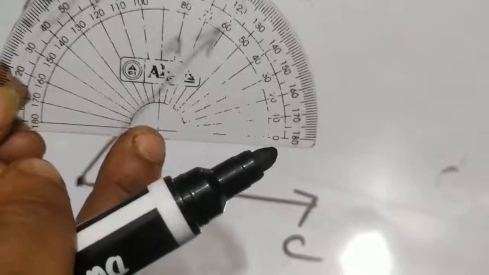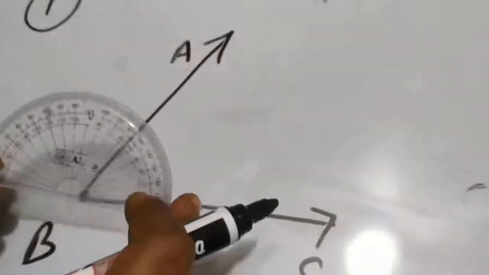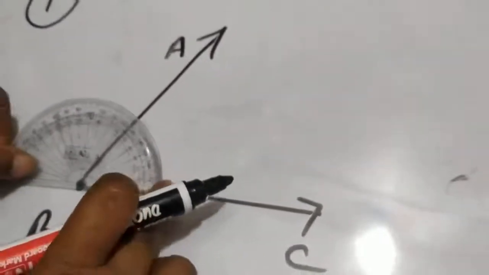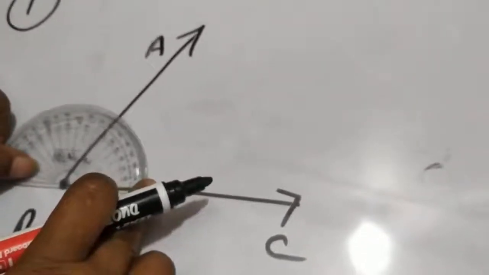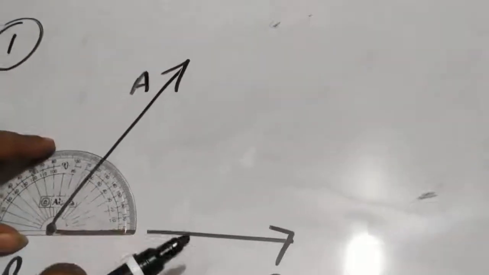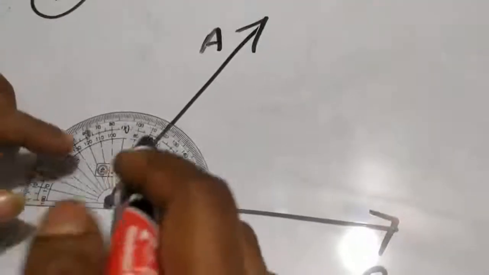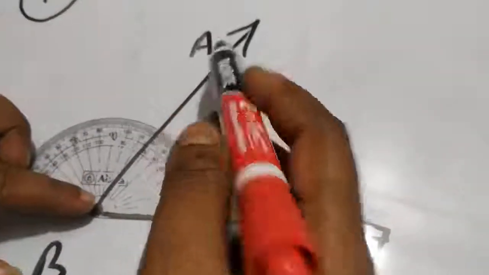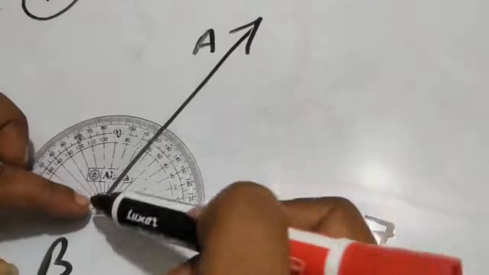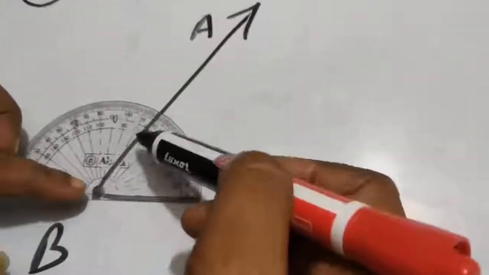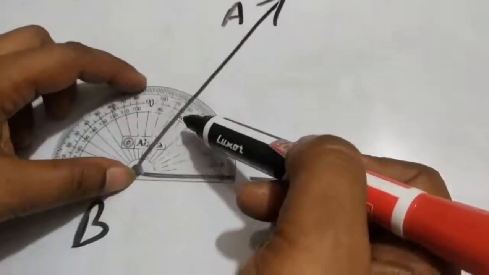This 0 will be on the vertex, and the base of the protractor must coincide with one arm, that is BC. Now I will take the measurement of the other arm, AB, which is coinciding with the protractor.